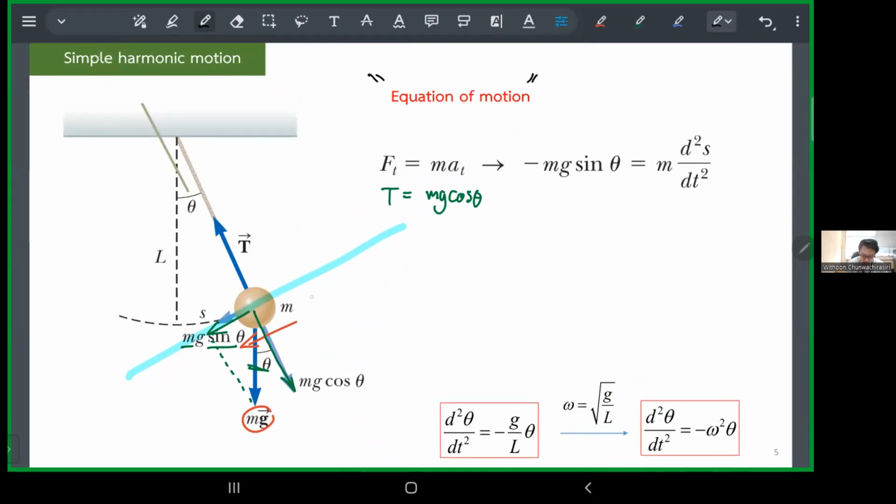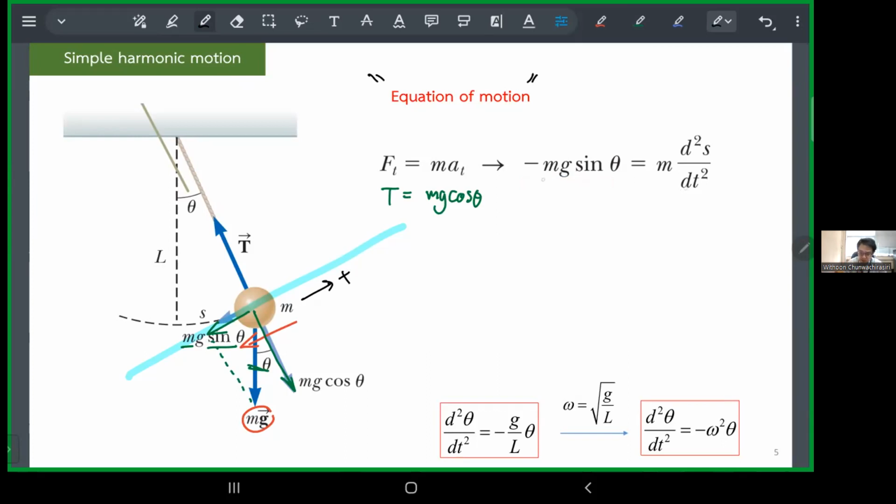However, there is a direction associated with it. If you prefer to say pointing to your right is positive, then the mg sine theta must be pointing in the negative direction. So that's why you put the negative mg sine theta right there. Cool? That's the only force acting on this mass. So sigma F equal to ma, and I'm done.